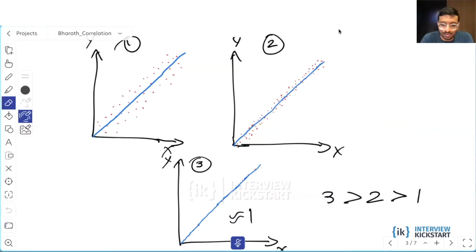And 1 indicates a positive relationship and also a super strong fit. So we can be pretty sure that in case 3, our correlation coefficient is either 1 or very close to 1, depending on how many points are slightly off the line.